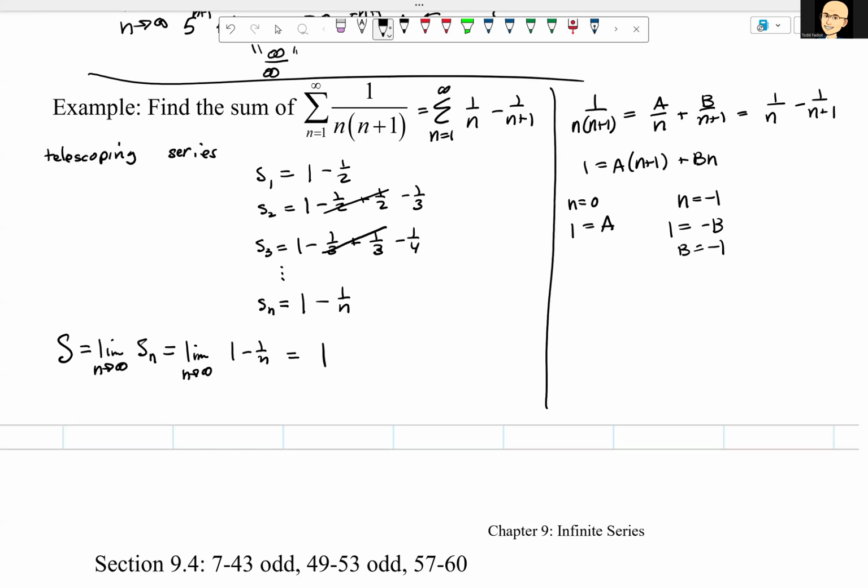Well, that's equal to 1. So this series converges to 1. Our conclusion is that the series from 1 to infinity of 1 over n(n plus 1) is equal to 1.